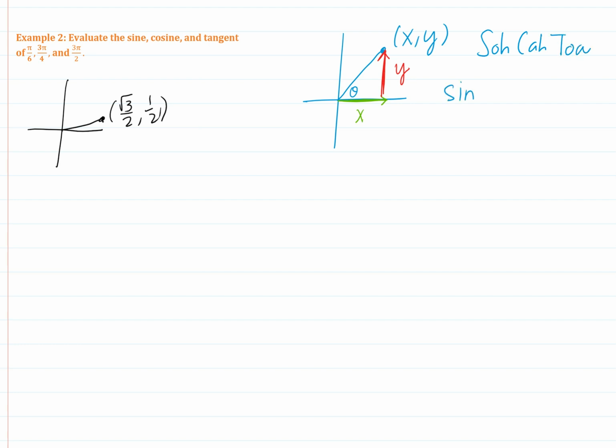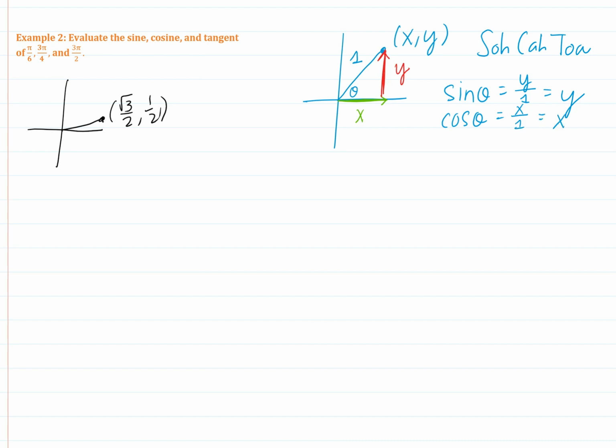So we can see that the sine of theta is equal to y over the hypotenuse. Well, if this is in the unit circle, the hypotenuse is 1, and y over 1 is just y. So the sine of theta is its y value of the coordinate pair, if it's in the unit circle. The cosine of theta would be adjacent, that would be x in this case, over hypotenuse, that would be 1, and x over 1 is just x.